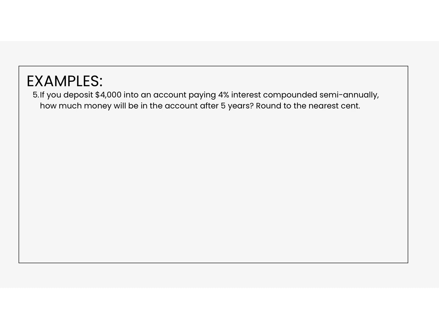Number 5, if you deposit $4,000 into an account paying 4% interest compounded semi-annually, how much money will be in the account after 5 years? Round to the nearest cent. Okay, so 4,000, 4% interest compounded semi-annually for 5 years. So A equals P times 1 plus R over N to the power of NT.